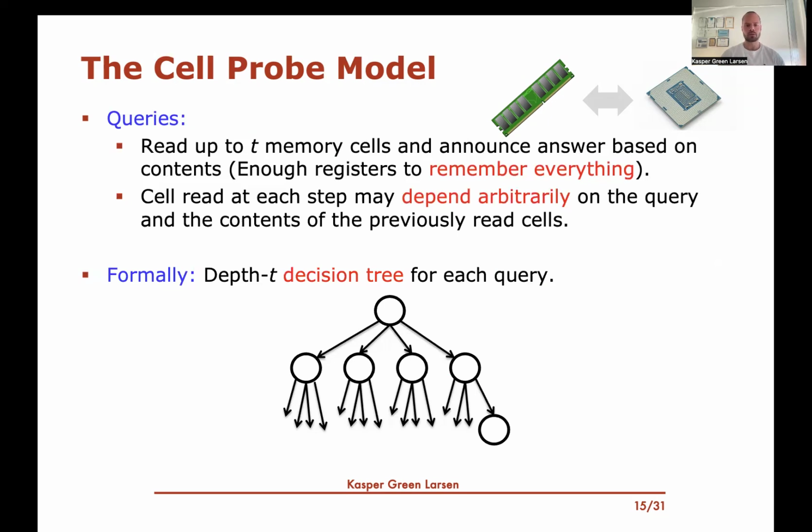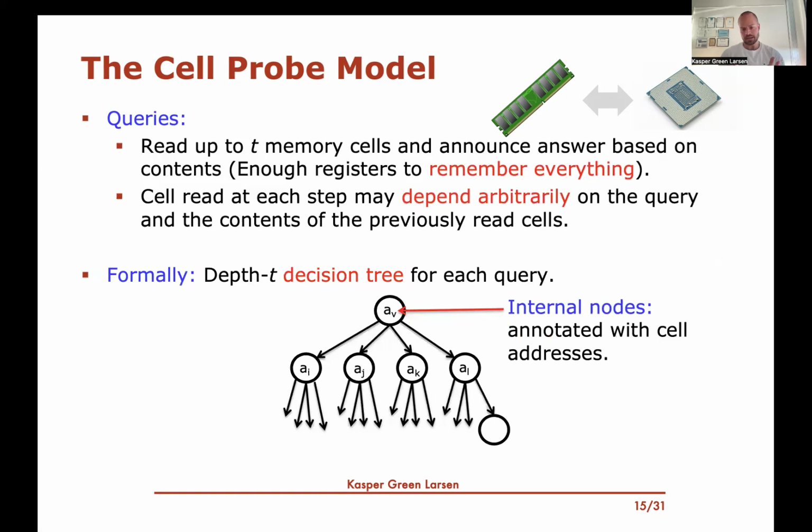But if you want to be formal, the query algorithm is represented by a depth T decision tree for every query. So in this decision tree, each of the internal nodes is annotated with the address of a cell. So that's a number from 0 to s minus 1. Each of the edges leaving a node is annotated with all the possible different contents that the cell could have.